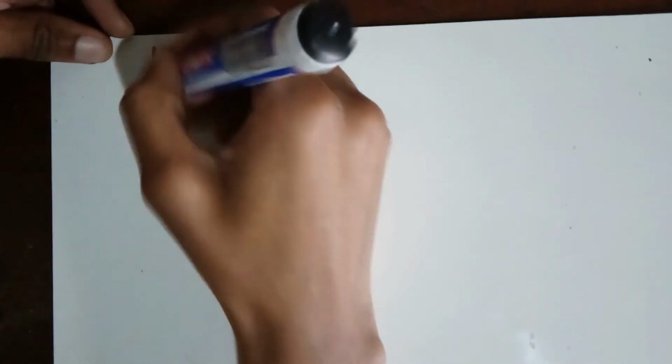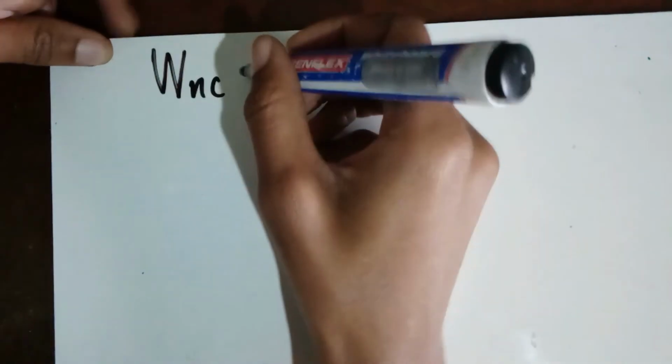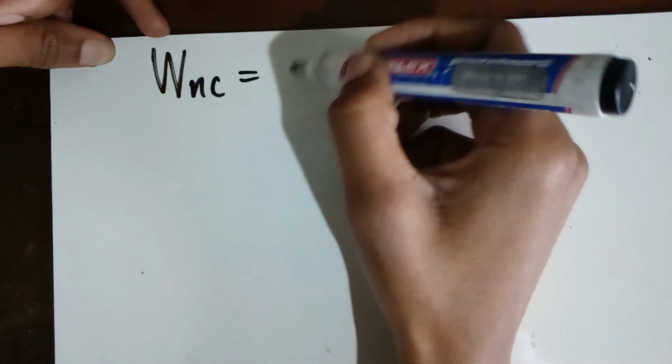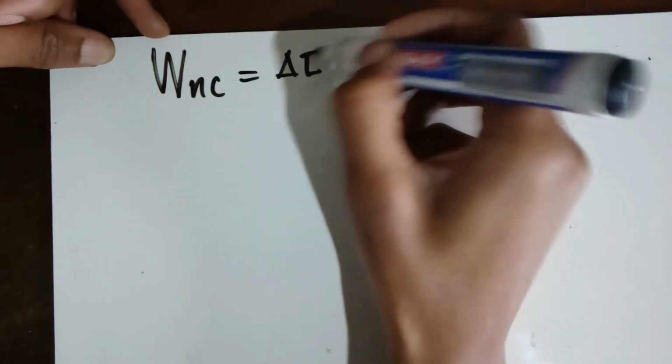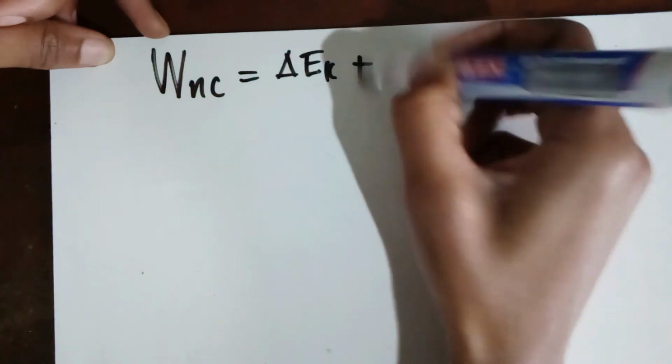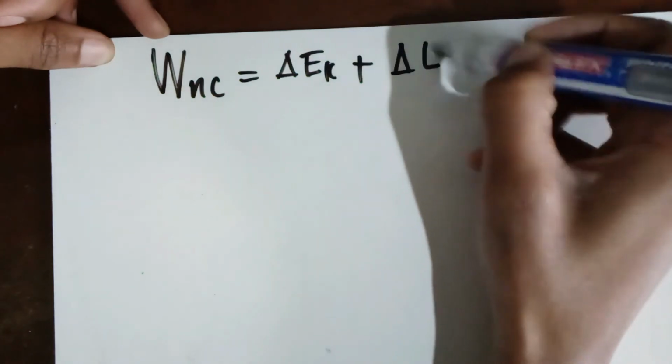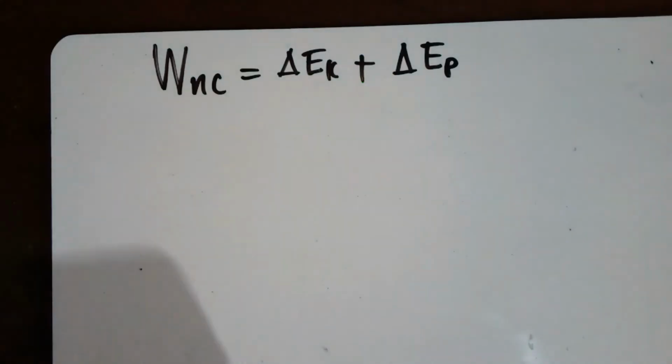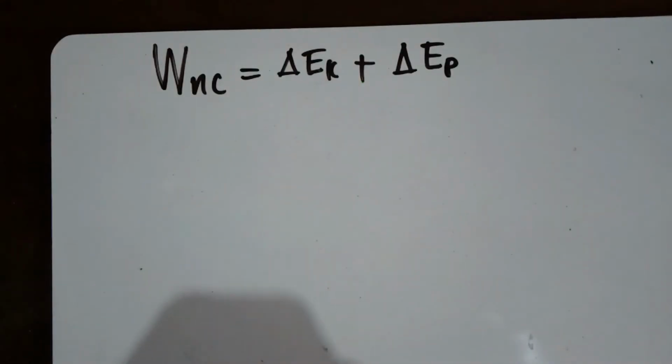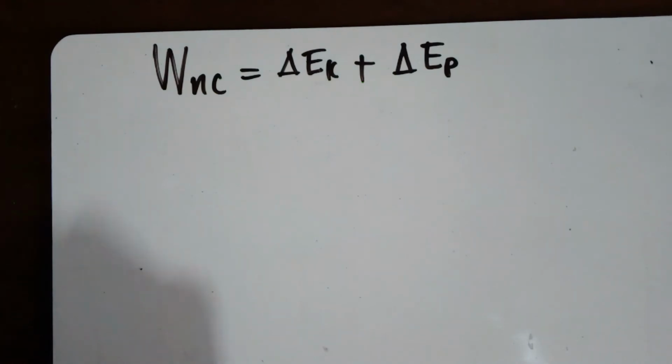So remember, you were introduced to this equation that said the work done by non-conservative forces is equal to the change in EK, which is our kinetic energy, plus the change in EP, which is our potential energy, right? Okay, cool. So how do we then use this equation to calculate the speed our object is moving at?